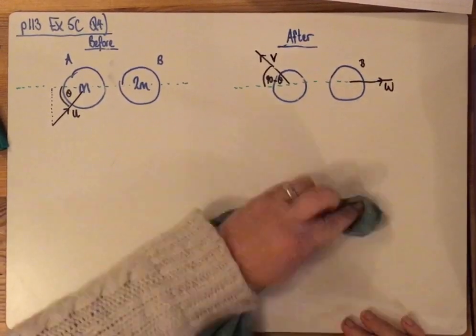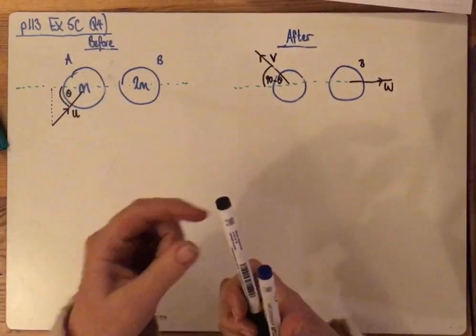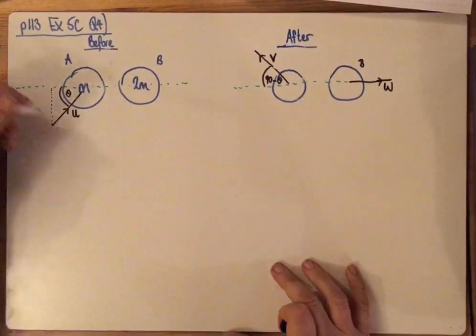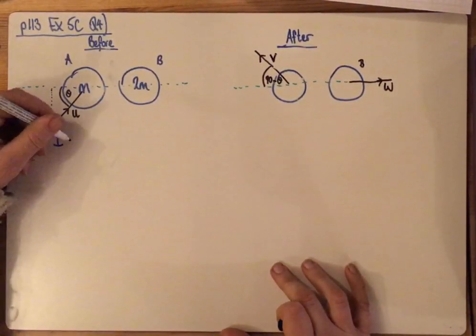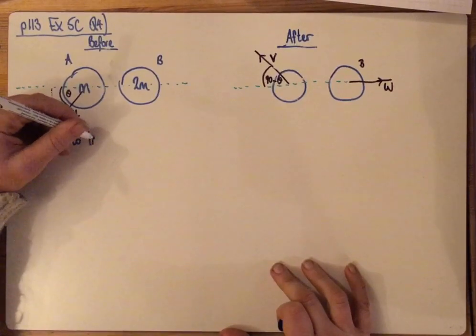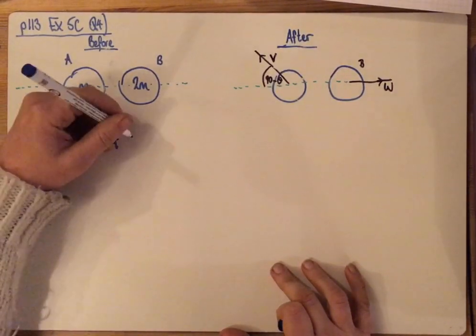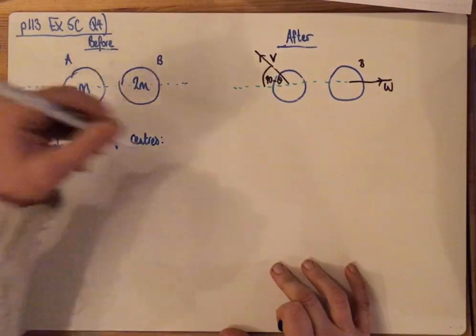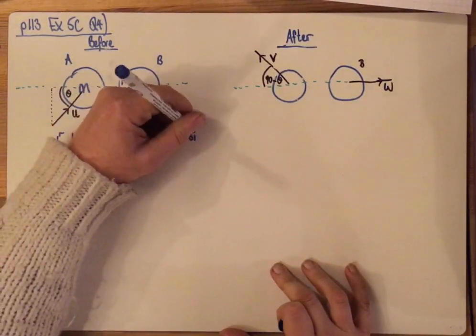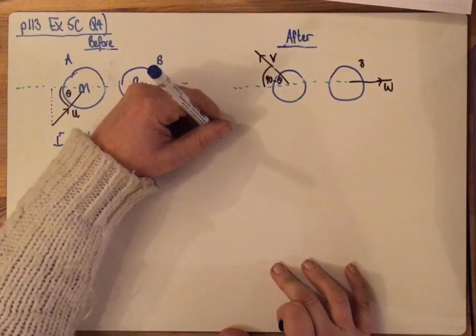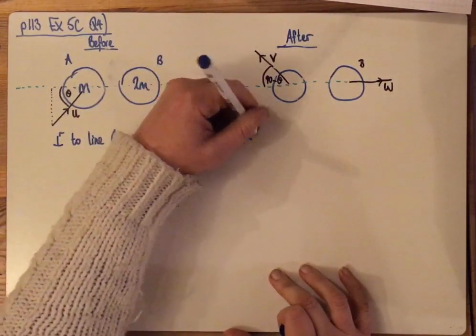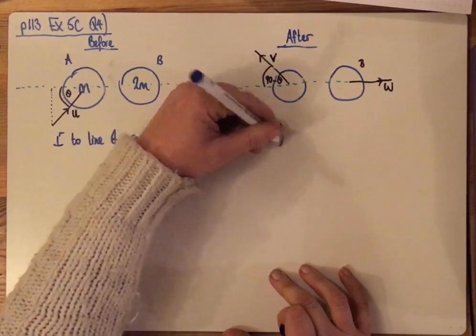Then just use everything that you've got. Perpendicular to the line of centres, we know that U sine theta is equal to V sine of 90 minus theta.